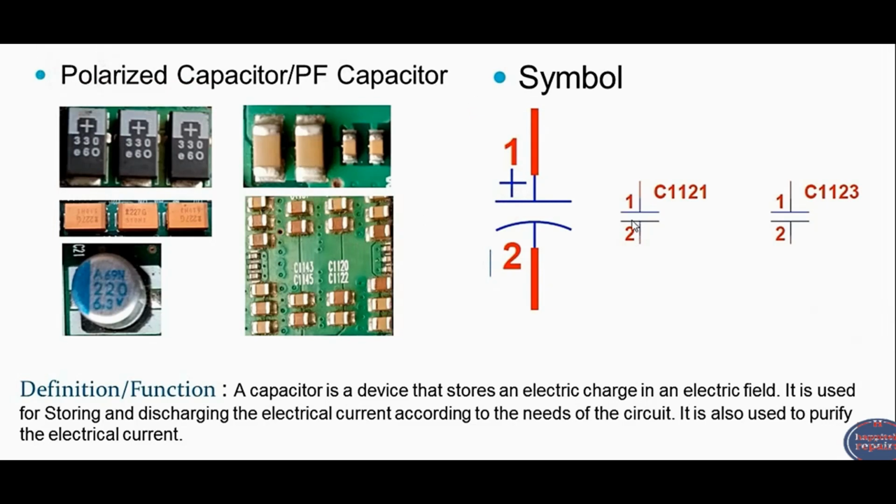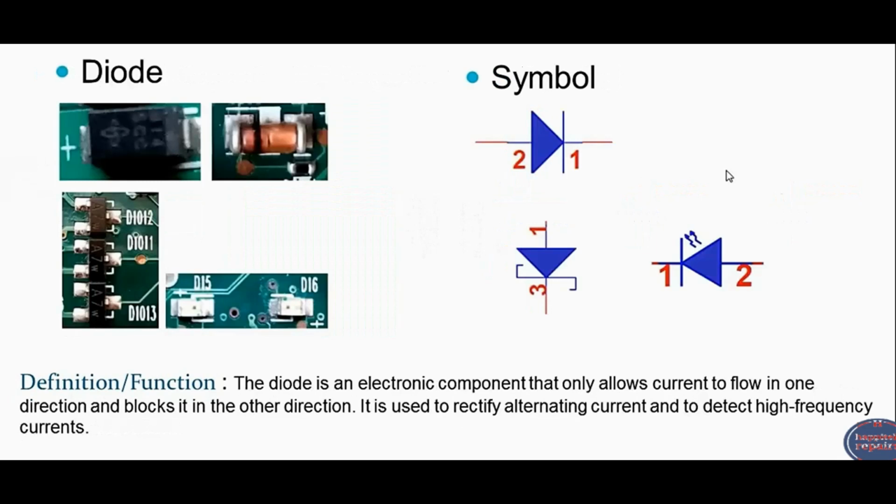Basically all these capacitors are used for filtering purposes, but the polarized capacitors like chemical capacitors and tantalum capacitors are used to purify or filter the current in order to get a direct current or continuous current. So the second component that we're going to talk about is the diode.